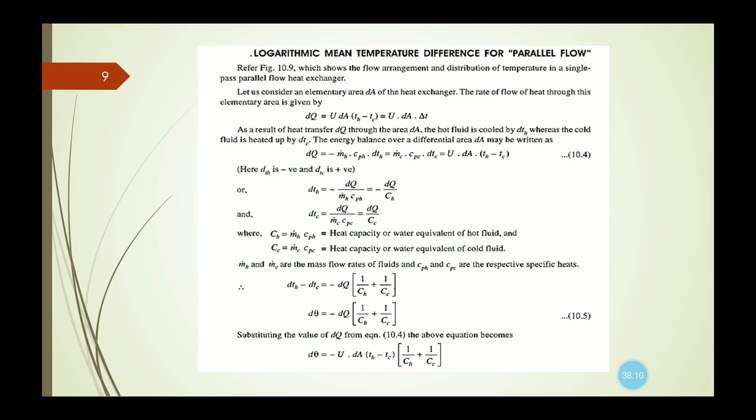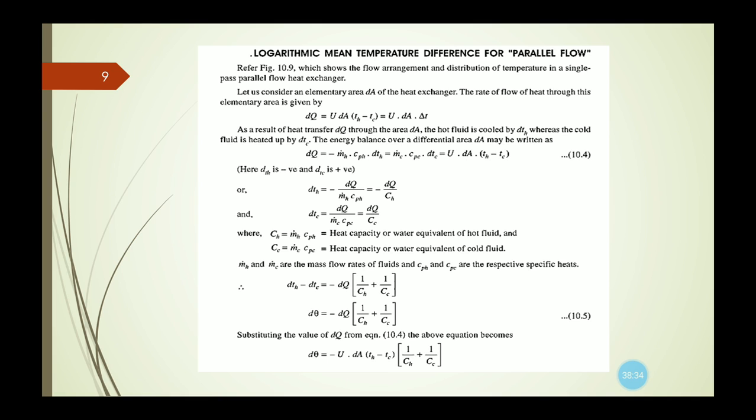So dTh equals minus dq divided by m dot h cph, which is minus dq divided by Ch. This Ch is the heat capacity, the multiplication of the mass flow rate of the hot fluid and the specific heat of the hot fluid.